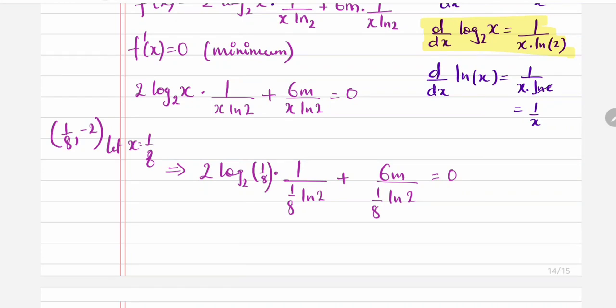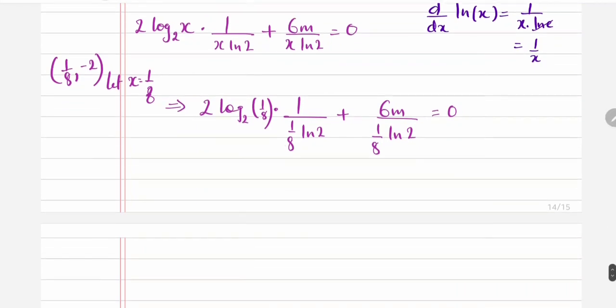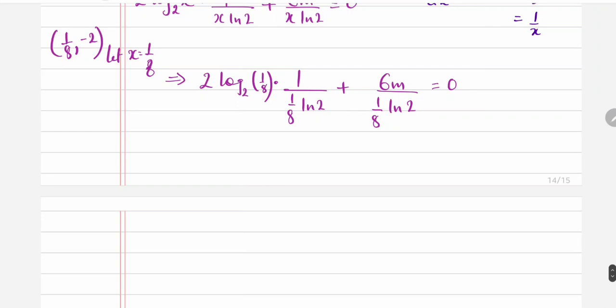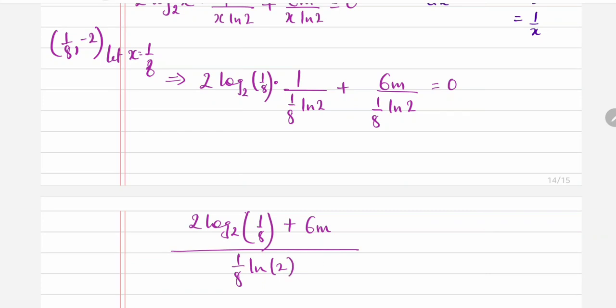I have the denominator the same, so I can put it together however we want to simplify.